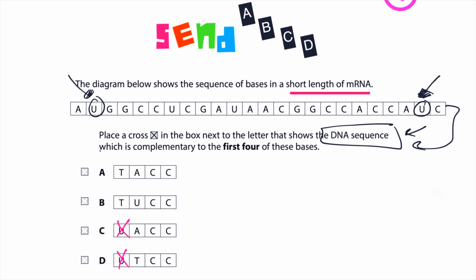There shouldn't be any uracil in any of those answers. And I need to find the opposite pairs of nucleotides. So I'm just going to check the first four. I have A, it should be a T opposite. U, what should be the opposite base to U? It should be A actually. So for that reason, the only correct answer here is going to be answer A. You can just make sure G with C and G again with C.